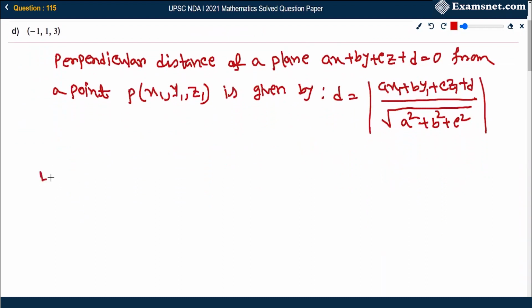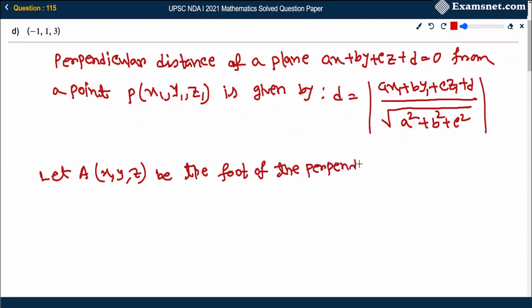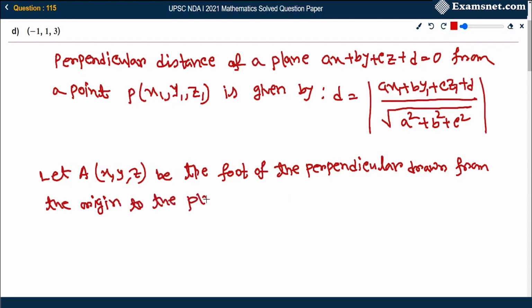So let A(x, y, z) be the foot of the perpendicular drawn from the origin to the plane x plus y plus z equals 3.